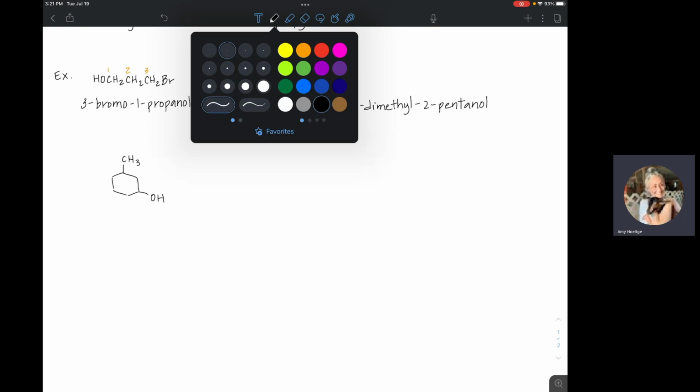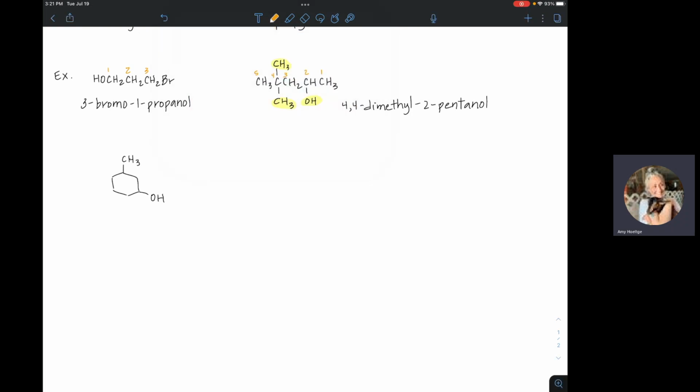So on the ring, you have the option to count in 2 different directions. You want to count in the direction that gives your other substituents the lowest possible number after you prioritize the functional group. So this will be carbon 1, this will be carbon 2, and that would be carbon 3, instead of going the other way around the ring where that would put the methyl group on carbon 5.